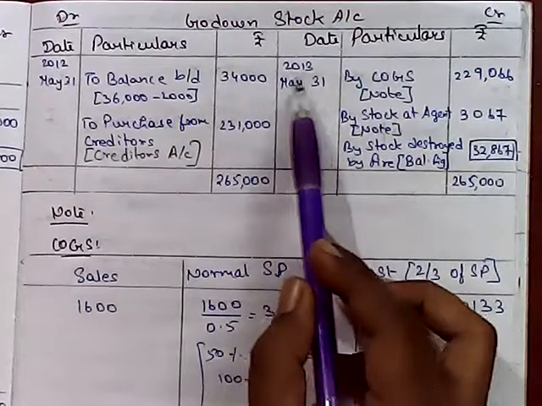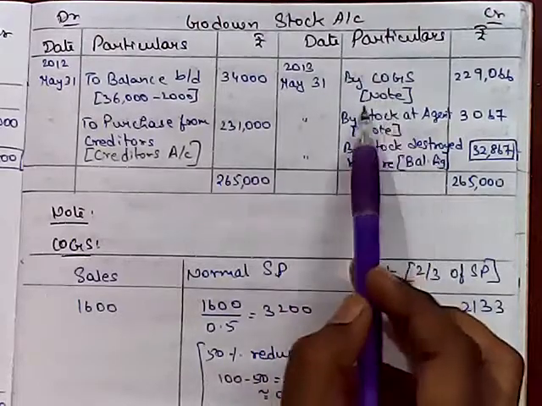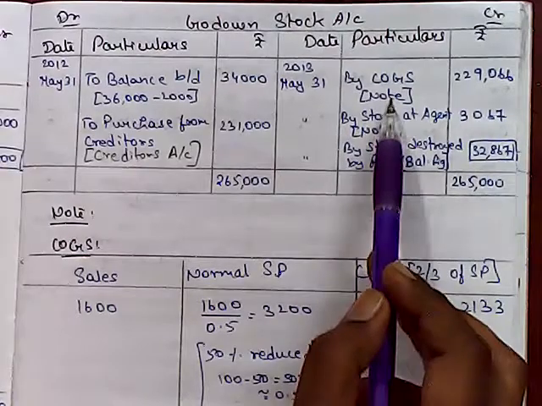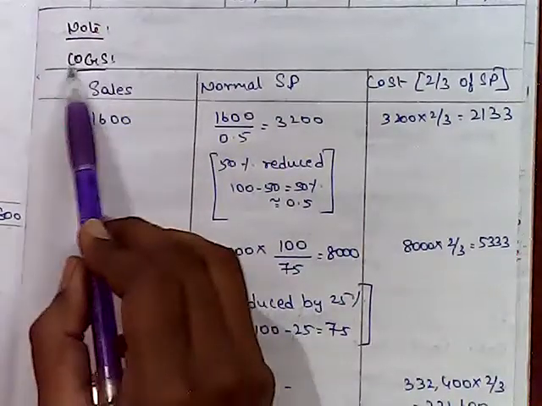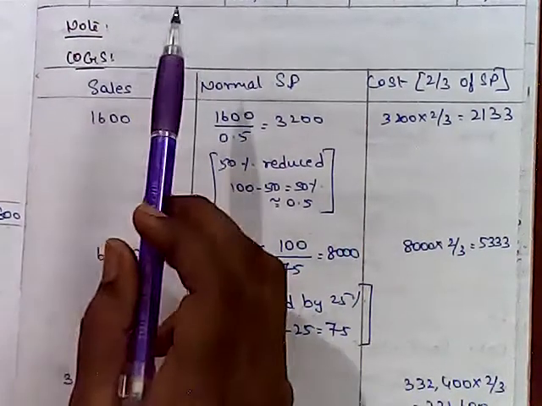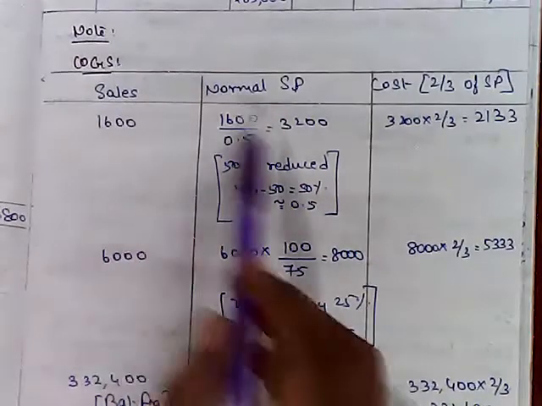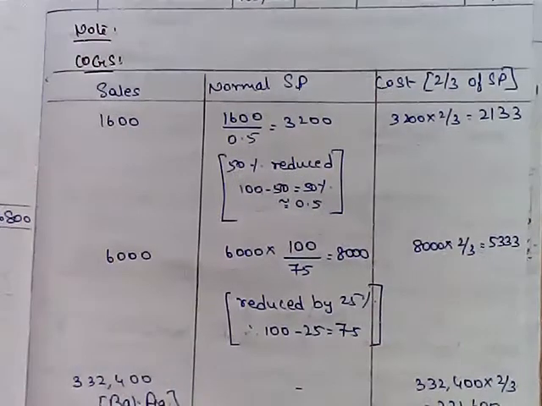Then in the credit side, 2013 May 31st, by cost of goods sold, we have a note for the cost of goods sold calculation. Okay, so let's see the note first. This is the note for calculation of cost of goods sold. COGS means cost of goods sold. So first is sales, normal selling price, and cost, which is nothing but 2/3 of the selling price.